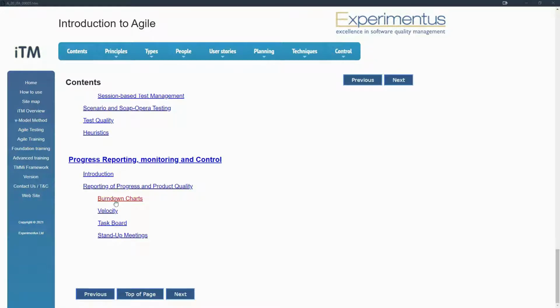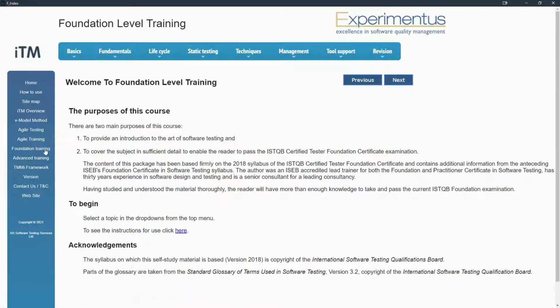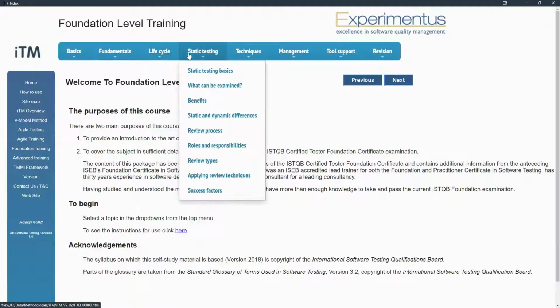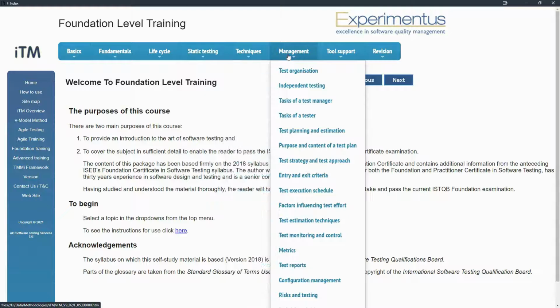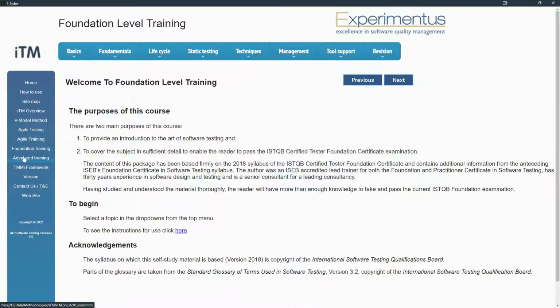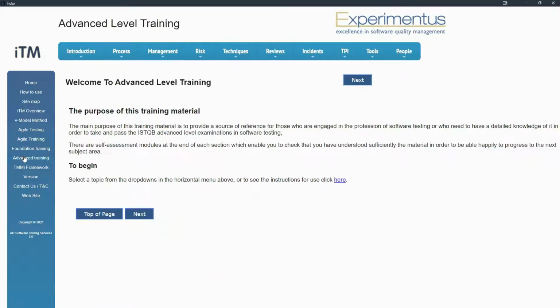As an option, iTM can also be supplied with training based on the latest syllabus of the ISTQB Foundation course in software testing and additional advanced training.